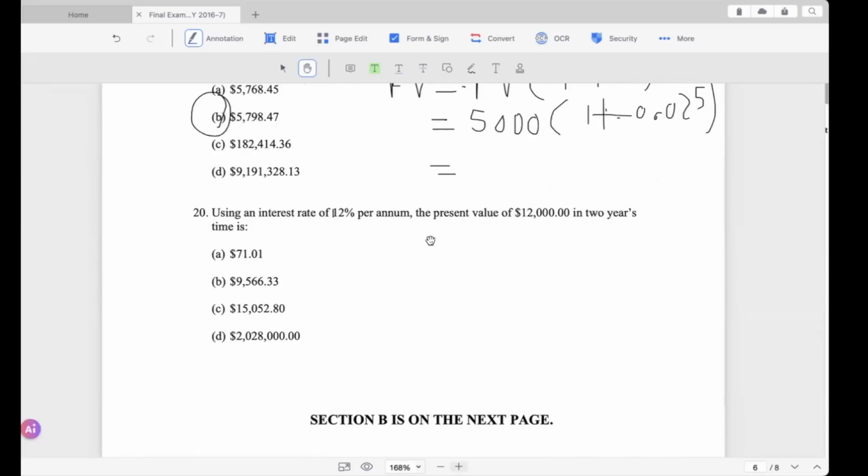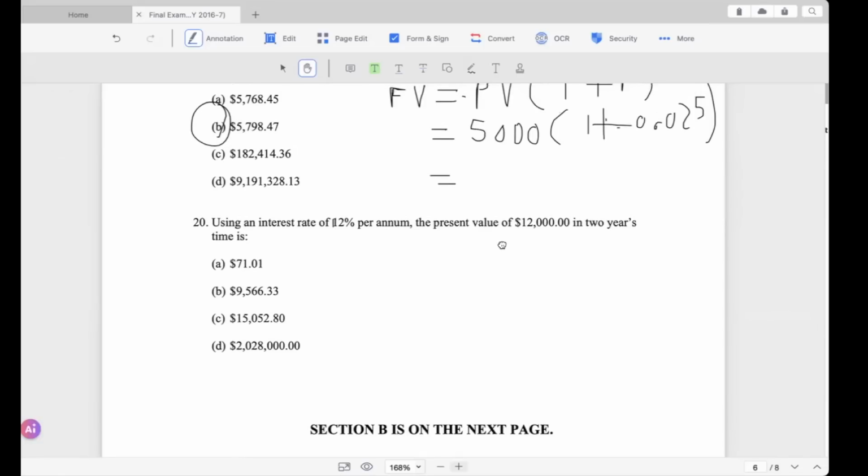Using the interest rate of 12% per annum, the present value of $12,000 in 2 years' time is, what are we finding?